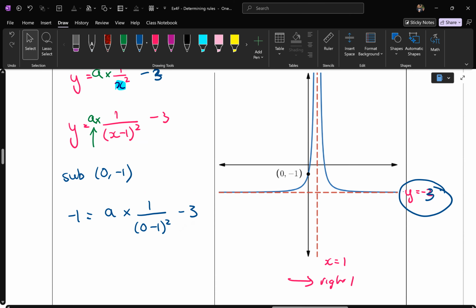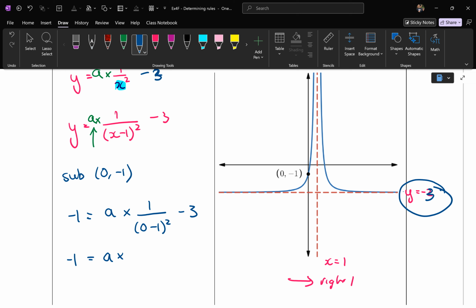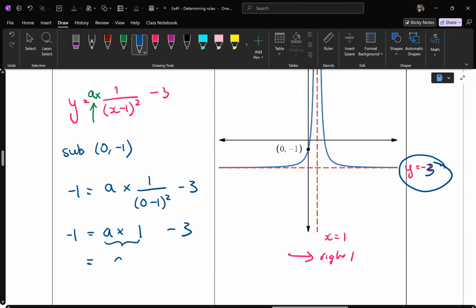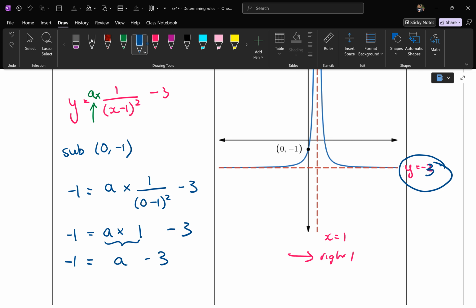Let's solve for this. 0 minus 1 is -1. -1 squared is 1, and 1 divided by 1 is 1. So you've got 1 here, and then take away 3. A times 1 is A. You've got A take away 3 equals -1. So that must mean A is equal to 2.